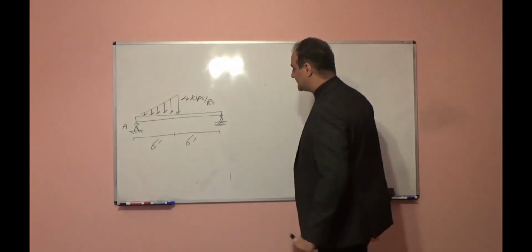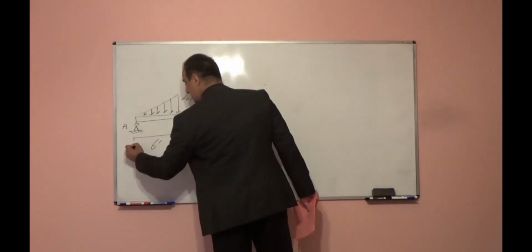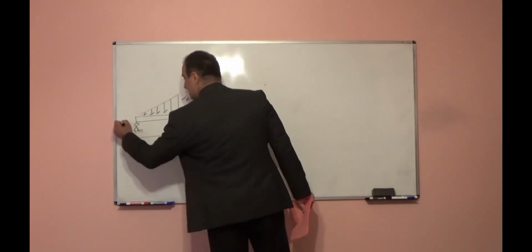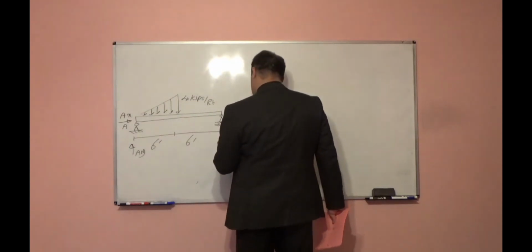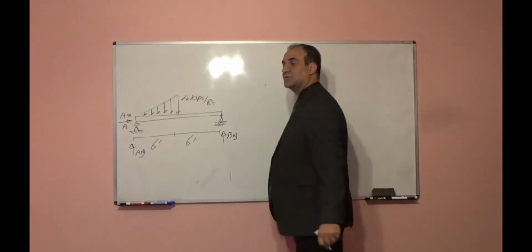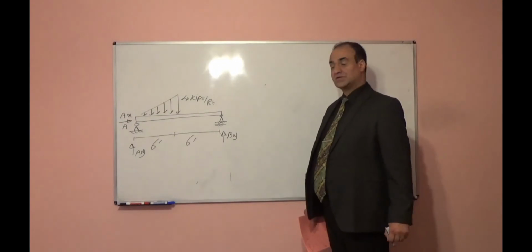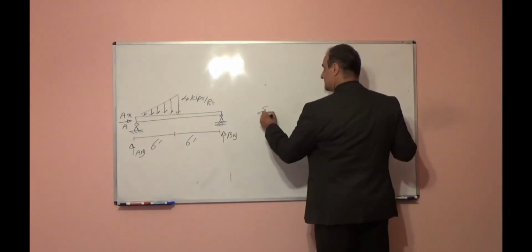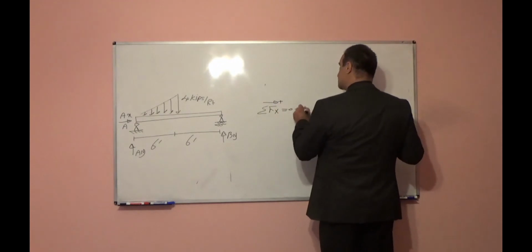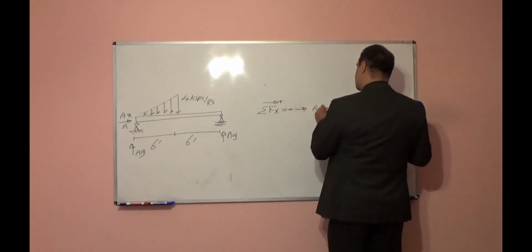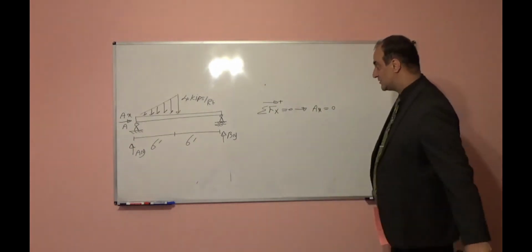I want to find reactions, so this will be AY, AX, BY. Again, it is a very simple problem. It is in 2 dimensions, 3 equilibrium equations. So summation of forces in horizontal direction equal to 0. From here, AX will be equal to 0.